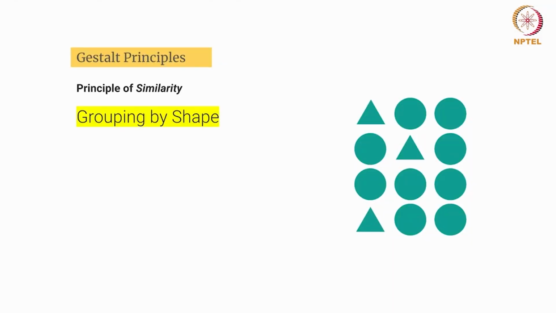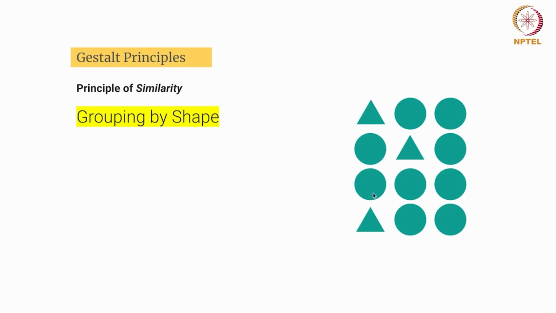So in this picture, you can easily see there are circles and triangles. When you see the triangles, you can easily identify that your brain has quickly recognized these triangles, because they are of similar shape, they tend to be in the same group. Even though they are accumulated in a single segment, your eyes tend to navigate these triangles as a different group.